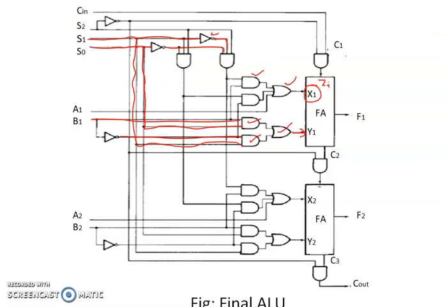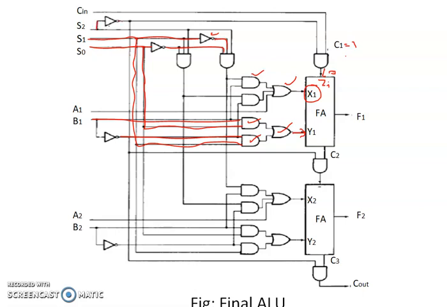If S2 is equal to 0, then Ci will be passed as 1. If S2 is equal to 1, then this input will be equal to 0. If S2 is equal to 1, Ci will be 0. If S2 is equal to 0, Ci will be 1.